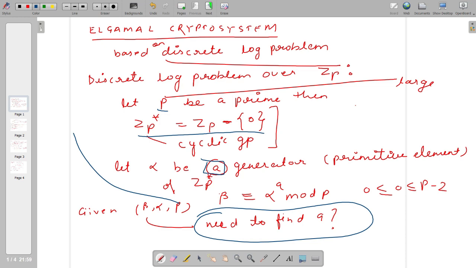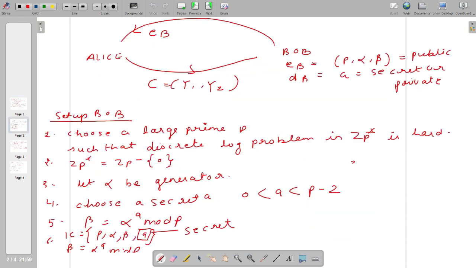So in the ElGamal cryptosystem, this A is the secret key. Now we will do the setup. Because Alice wants to send a message to Bob, Alice is going to encrypt it using Bob's public key. So Bob needs to run the setup. He will select a large prime such that the discrete log problem in Z_P* is hard, and Z_P* we all know is Z_P minus 0. Now let alpha be the generator of this Z_P*.